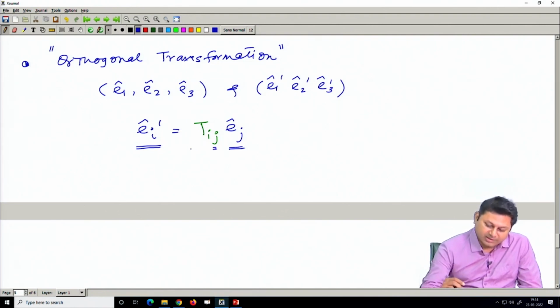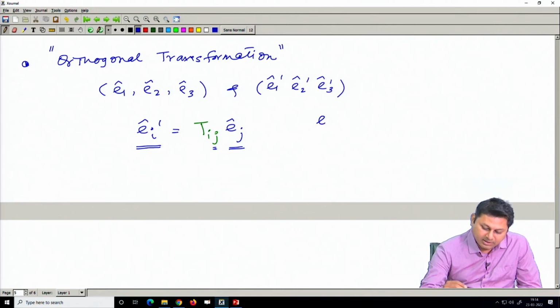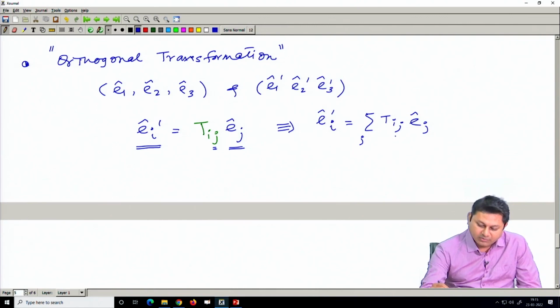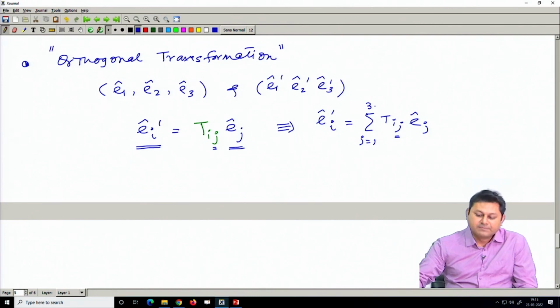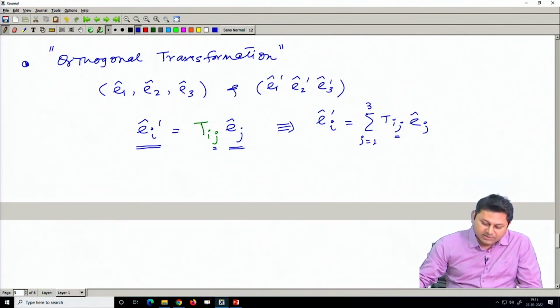I am using Einstein notation, so j is summed over 1, 2 and 3 if I am dealing with three coordinates. I just removed the summation sign because of the Einstein notation. So it is simply E_i prime is T_ij E_j.